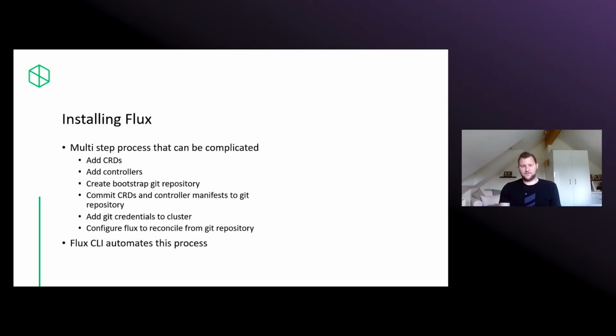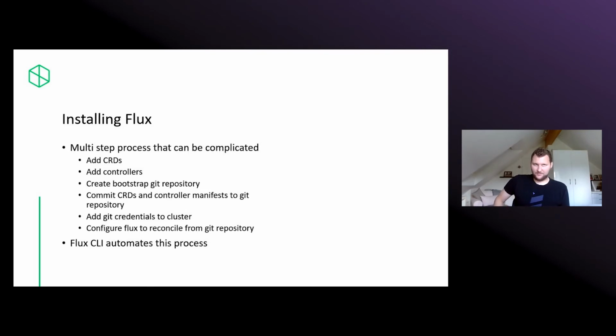So installing Flux is actually a multi-step process. There are the simple parts of it, and that's adding the CRDs to your cluster. It's adding the controllers and maybe configuring the bootstrap process. The more complicated part is linking these things together with external sources.